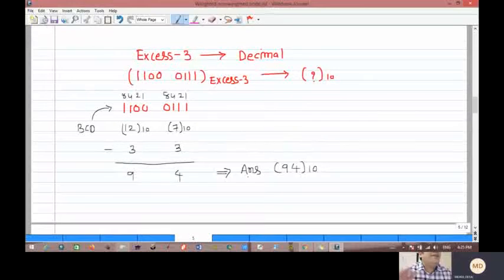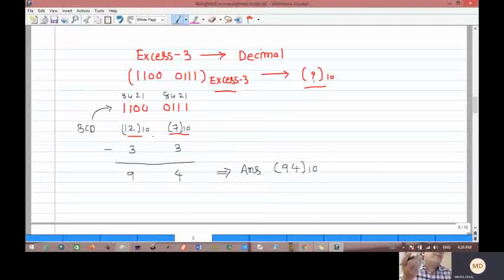Now similarly, if an excess-3 code is given and you have to convert it into decimal. Suppose the example is 11000011 as excess-3 code, and we have to convert it into decimal. When we converted from decimal to excess-3, we added 3, so in excess-3 to decimal we do the reverse process. First, according to 8421 BCD coded weights, 1100 is the decimal value 12, and 0011 is 3.